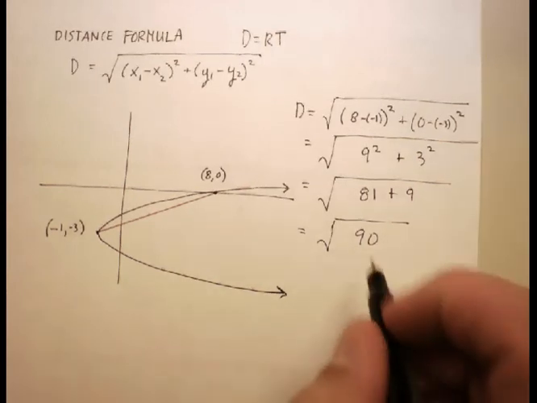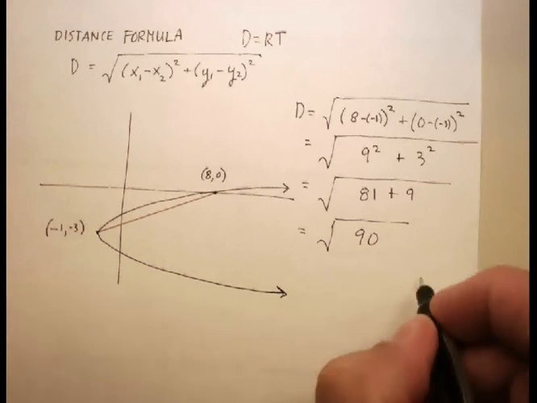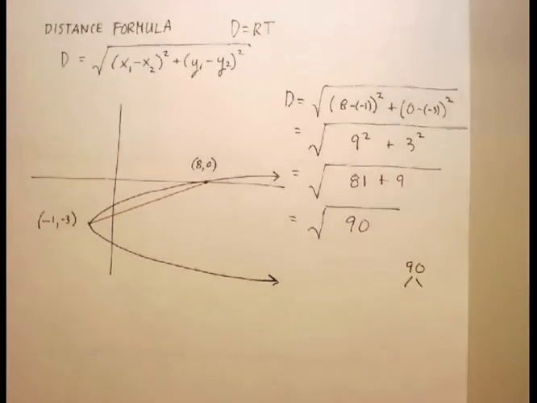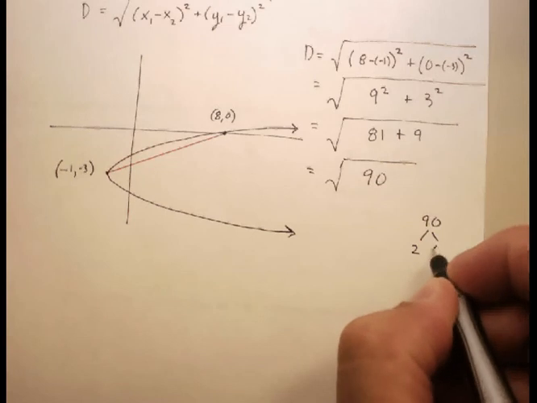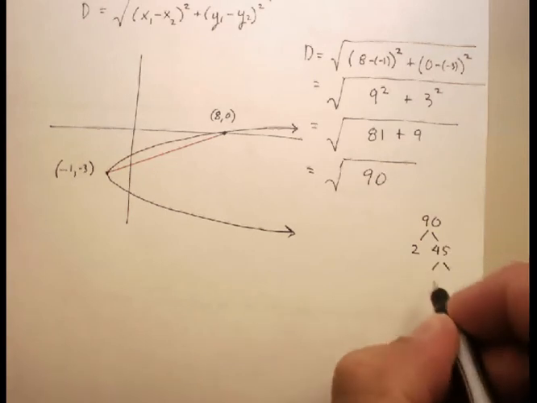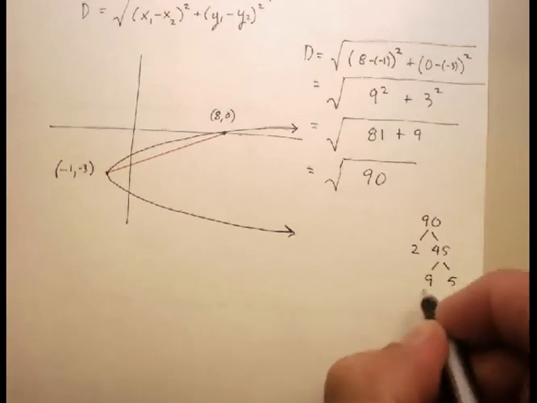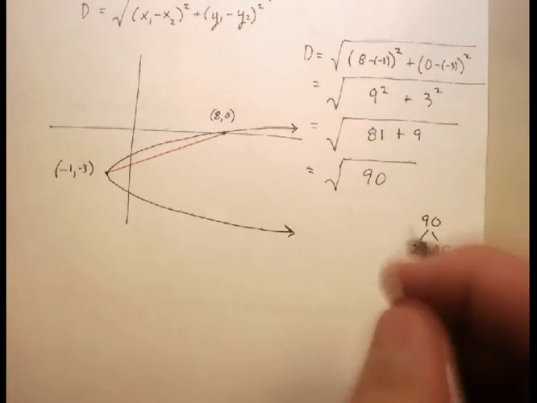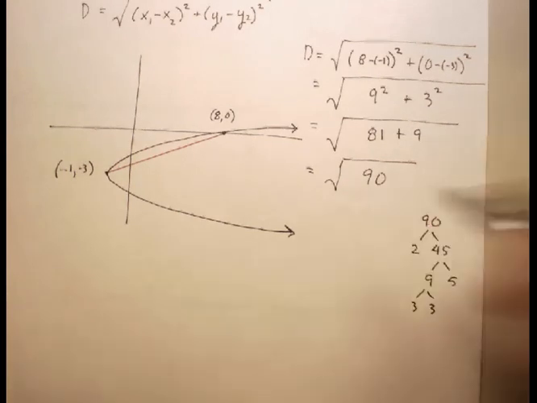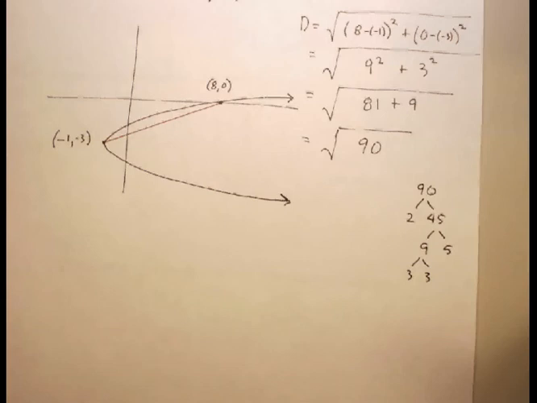Alright, so let's go ahead and simplify this radical. 90 can be changed to, let's do our number tree, 2 times 45, which is 9 times 5, which is 3 times 3. I'm just simplifying the radical at this point so I can express it in the simplest terms.